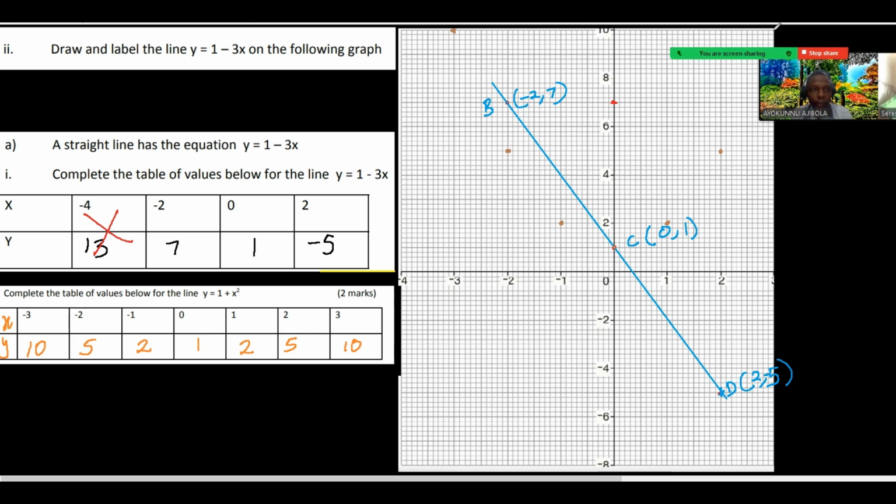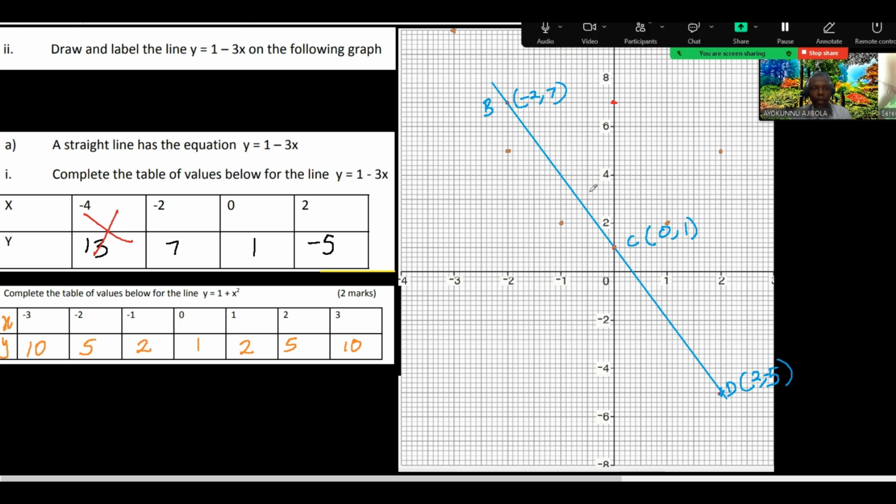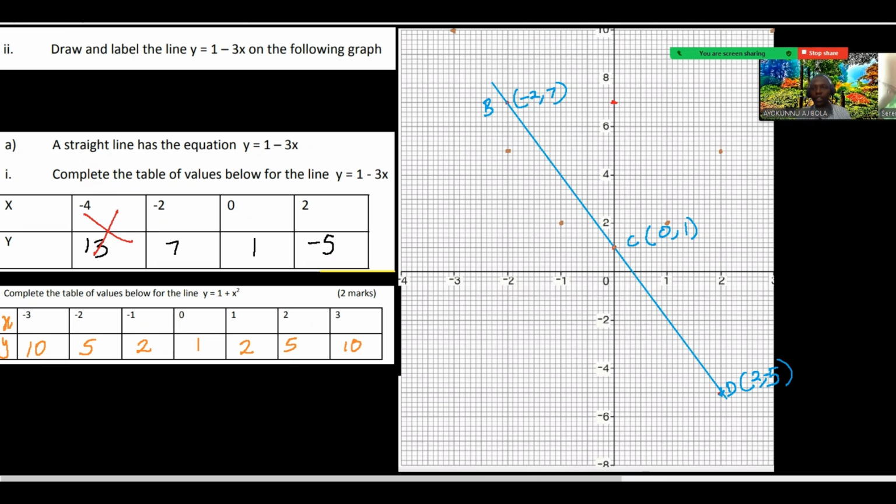So let me see this one. This one is not going to give us a straight line, okay? Are you with me? It's going to give us a curve. And this is the curve. We're trying to join these two together. Hold on, these 2 points, these two extreme points, joining them together.